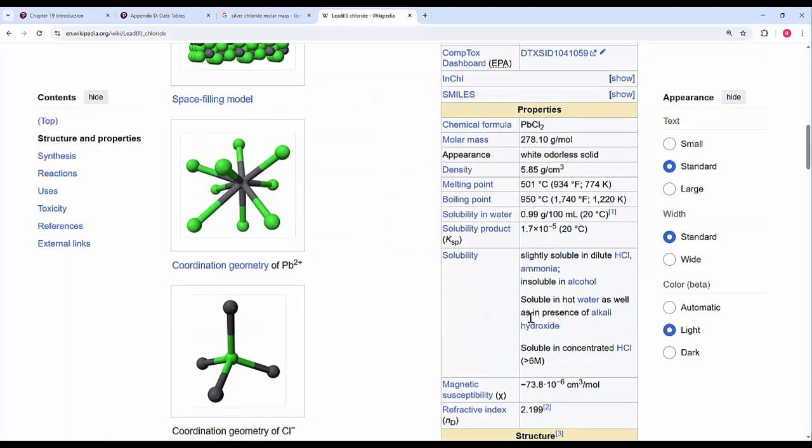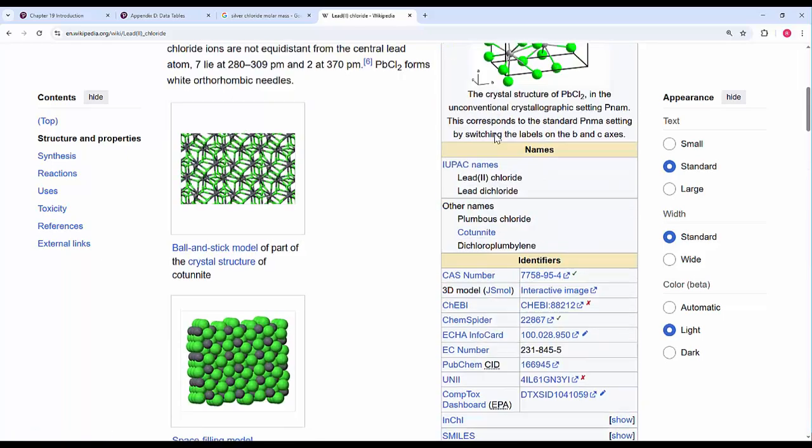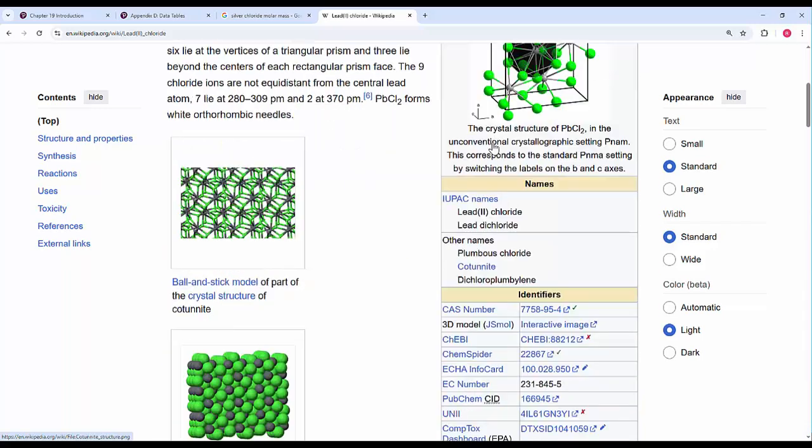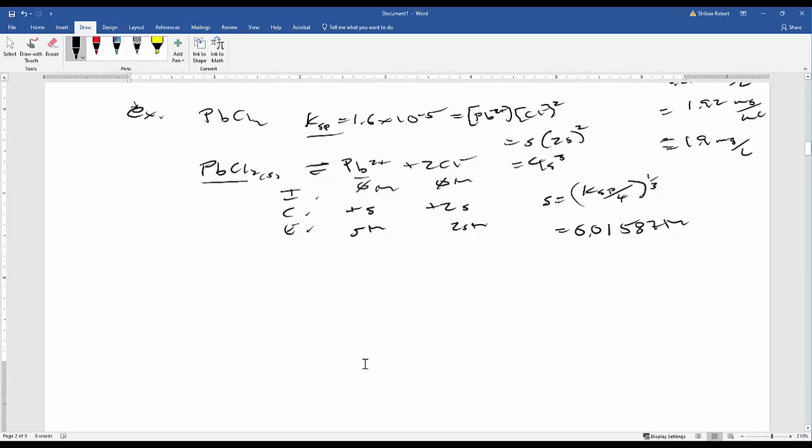Actually, what I wanted was the molar mass. 278.10. So times 278.1 gives me 4.414 grams per liter.